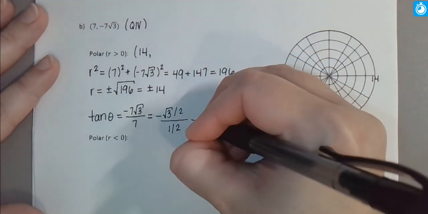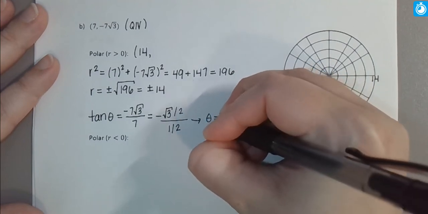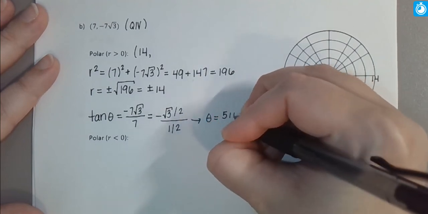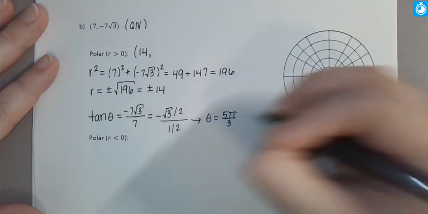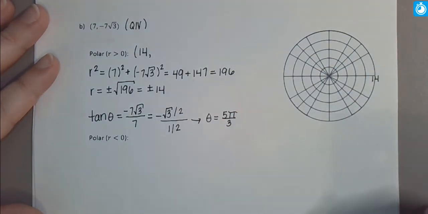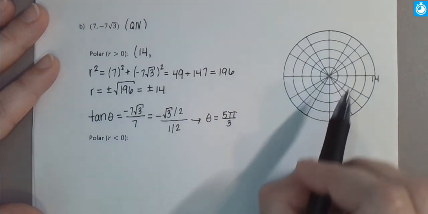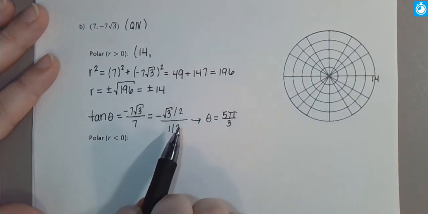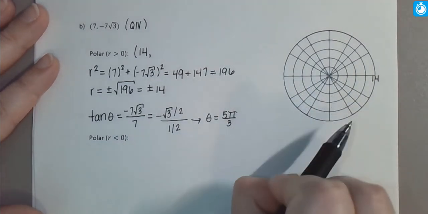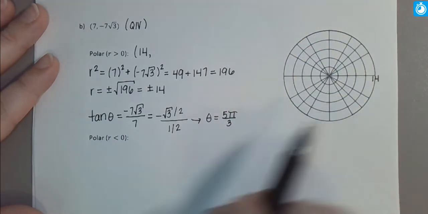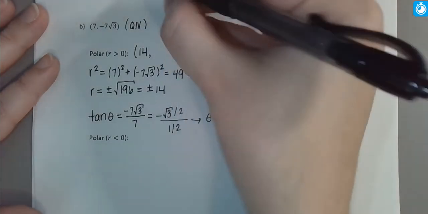So theta, in this case, is going to be 5 pi over 3. So again, just to recap that, the sine, the y coordinate, -√3/2, cosine, the x coordinate, is 1/2, and so that angle down in the 4th quadrant would be the angle 5 pi over 3.